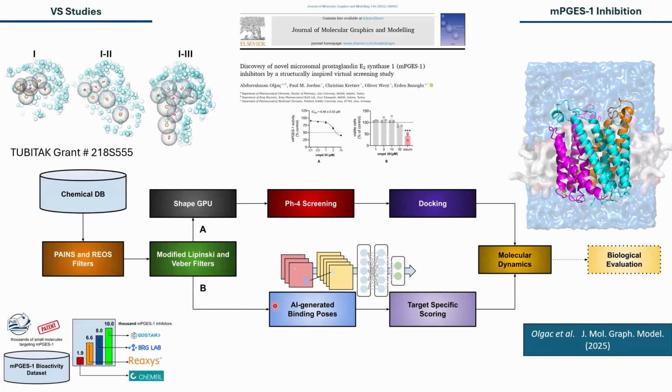We were able to dock properly the co-crystallized ligands and also some potent mPGES1 inhibitors that are included in our internally curated data set, which contains 8,000 data points for mPGES1. And with the help of this data, we also stressed the target-specific scoring performance of those compounds. And by applying molecular dynamics, we ended the study. And as I said, the AI part of this work hasn't been published yet.